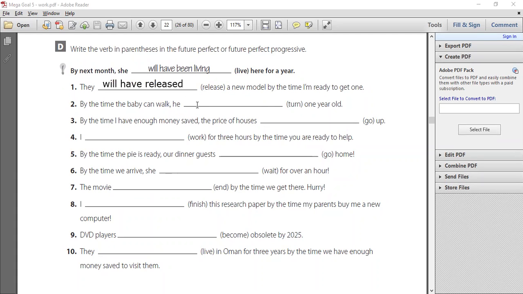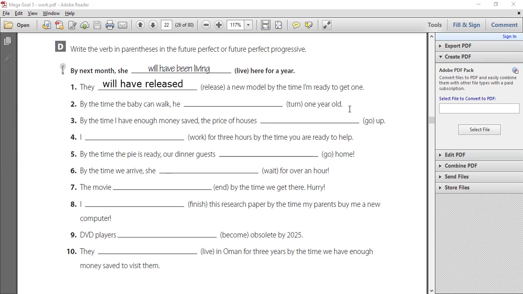Number 2. Yes, Rimas. Now, number 2. By the time the baby can walk, he turned 1 year old.